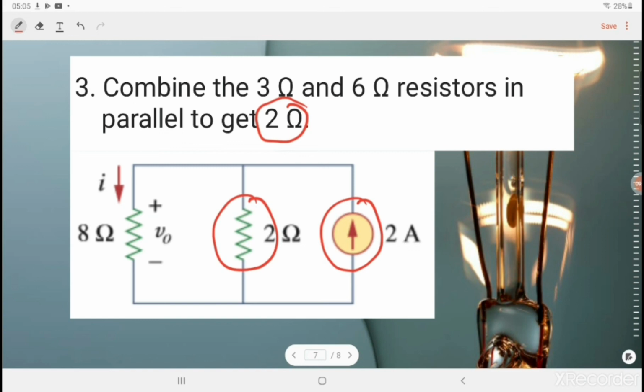Therefore, you can find the value of V0 if we get the value of I. The value of I can be found using the current divider rule.